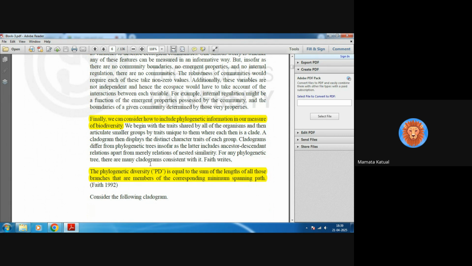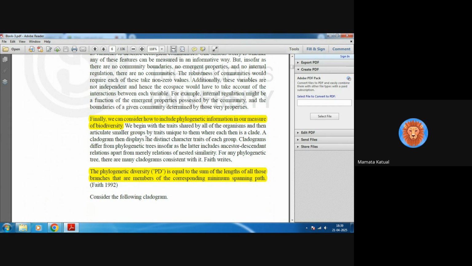With these taxonomic methods we identify the species, and not only the types of species and their interactions, but we also have to study their evolutionary history, and this is known as phylogenetic information, phylogeny.